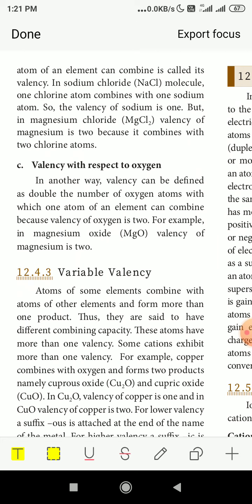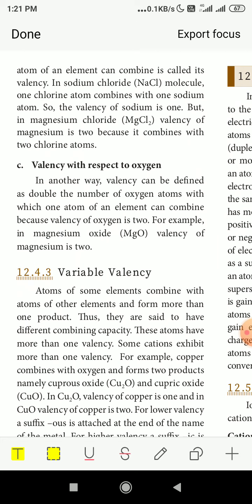In sodium chloride, see, there is only one chlorine, isn't it? In the NaCl molecule, one chlorine atom combines with one sodium atom, so the valency of sodium is 1. Sodium always combines with one chlorine atom, so it will have the valency 1.